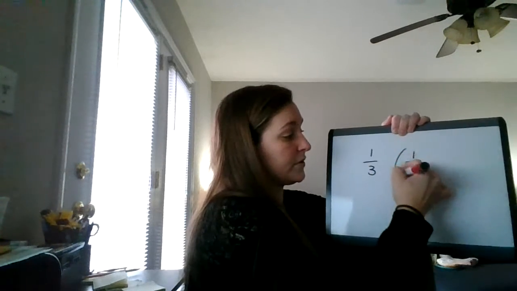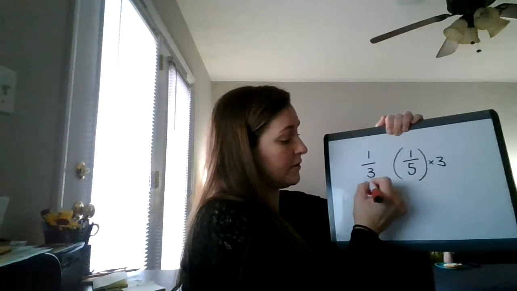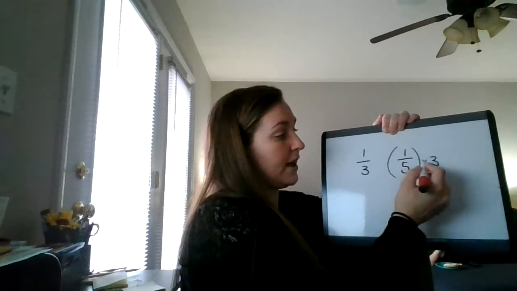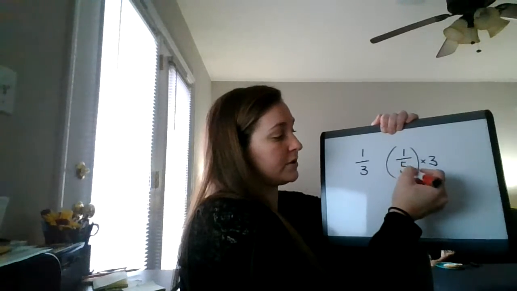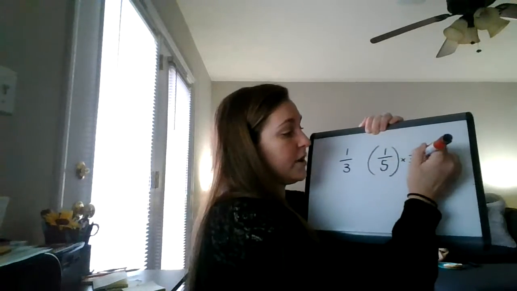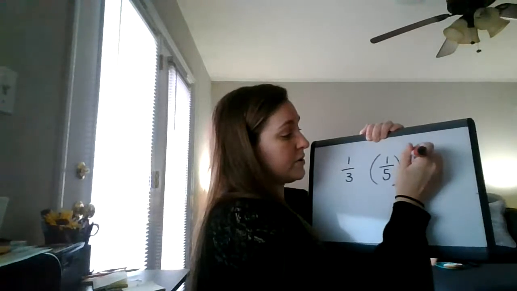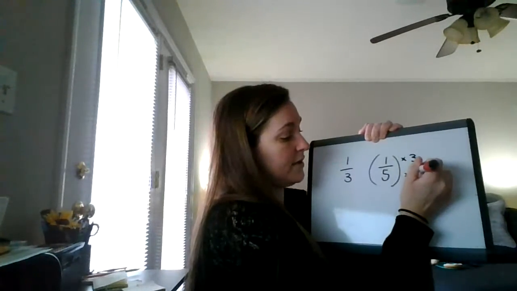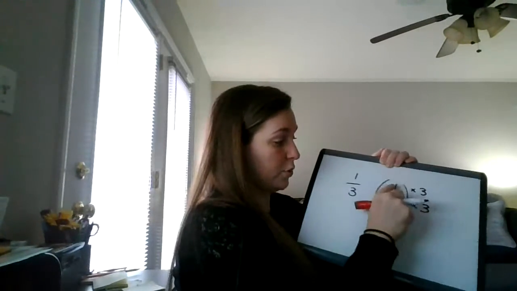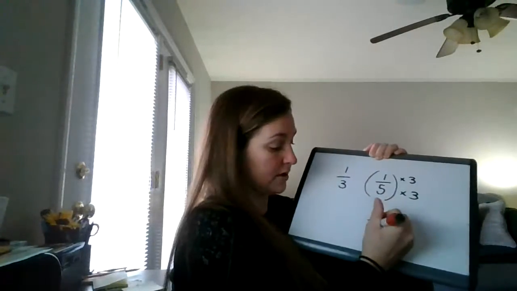So if I were to multiply this times the denominator of the opposite fraction, not only do I multiply the denominator, but I also have to multiply the numerator. I have to multiply 1 times 3 and 5 times 3, which would give me 1 times 3 is 3, 5 times 3 is 15.